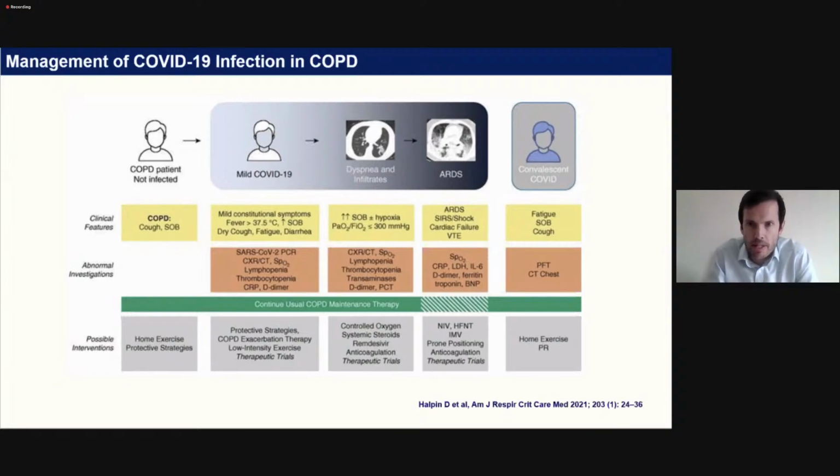Those with severe disease may require NIV, high-flow nasal therapy, and/or prone positioning, and in some cases, intubation with mechanical ventilation. Rehabilitation should be provided to all COPD patients recovering from COVID-19 infection.